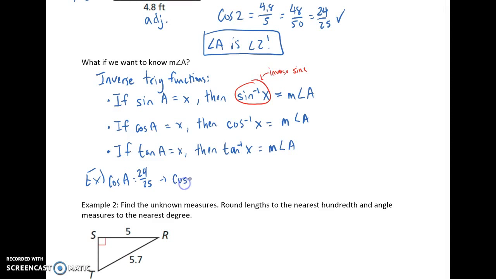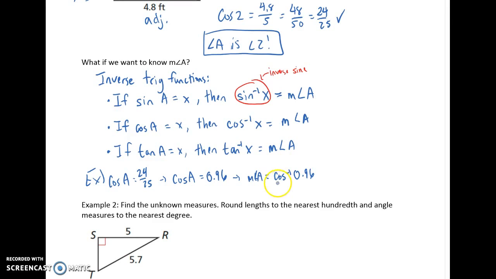You can feel free to use the exact decimal, not rounded, or the fraction the way it is. So I'm going to write that as 0.96. That's the exact decimal. Remember, I can't divide by cosine, but I can say the measure of angle A would equal the inverse cosine of 0.96.